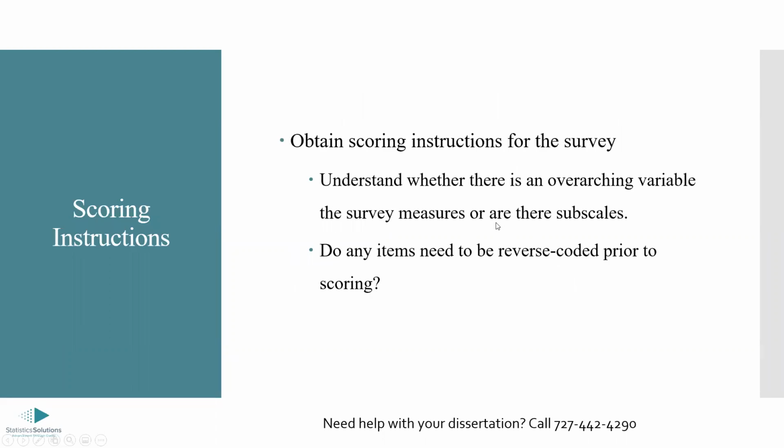The next thing you want to do is obtain scoring instructions for the survey. So most of the surveys used in dissertations today consist of Likert scale items. So generally, you're going to take an average or a sum of those items to make your overarching composite score. So you need to understand, first of all, is there an overarching variable that the survey measures, or are there subscales?